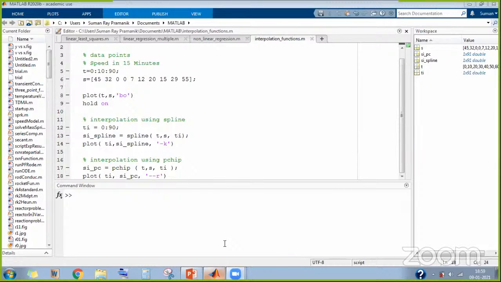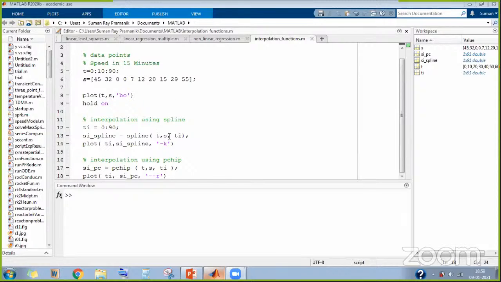I want to know, actually, the syntax of spline is not clear to me. It is T, S, Ti. T, S is the data points that we have been given, and we want to find the interpolation.